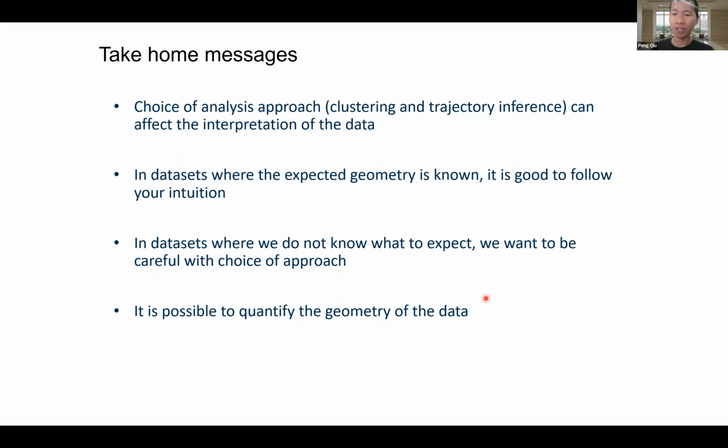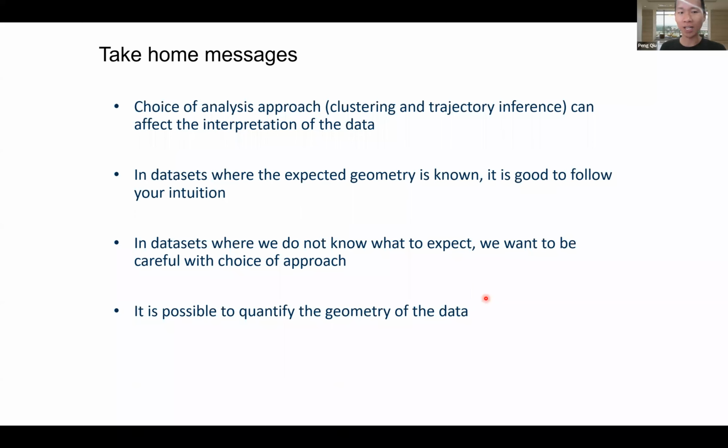But in data sets where we do not know what to expect, we want to be careful with the choice of the approach. We can try both and try to interpret both, but in my opinion, we should try to form our own opinion or bias about whether clustering or trajectory analysis is more appropriate for a certain data set.